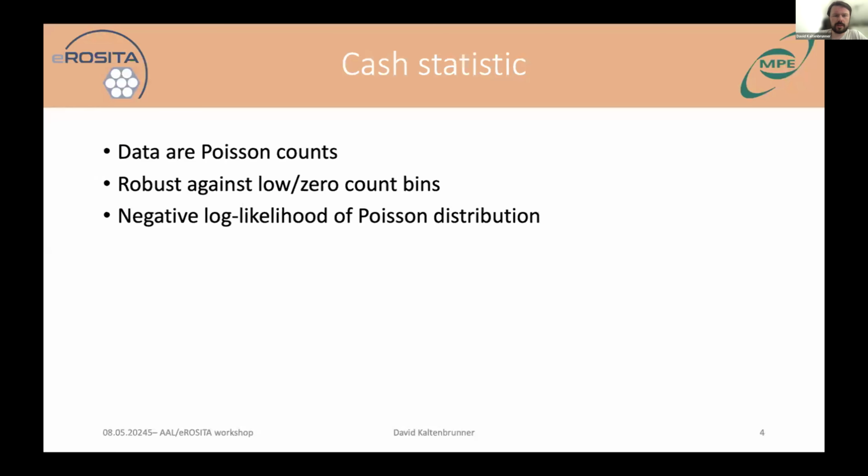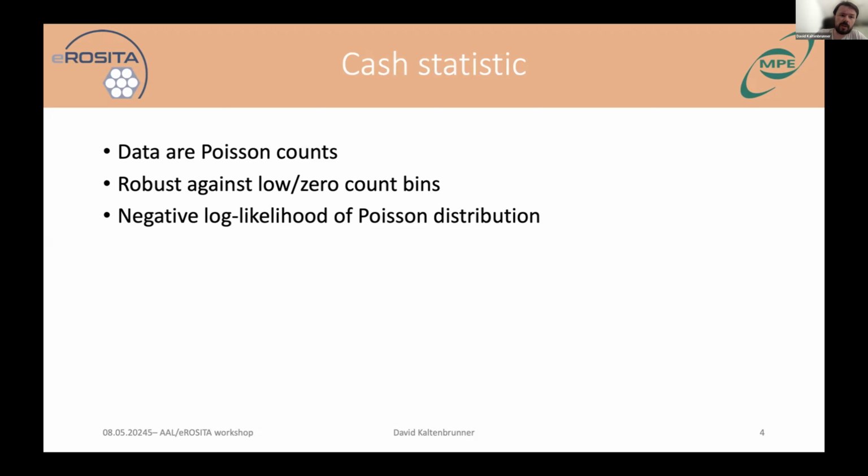Right, so just a quick overview of what cash statistic is. Cash statistic is similar to chi-square statistic, with the difference that it does not assume Gaussian distributed data, but instead it assumes Poisson statistics. So it's used for Poisson counts. And we use it because it's robust.